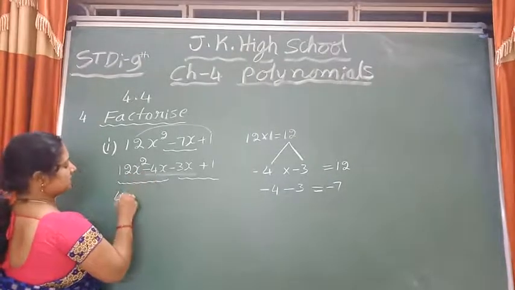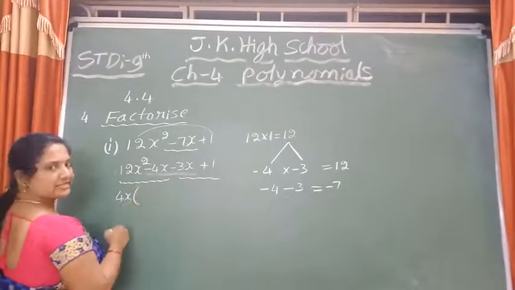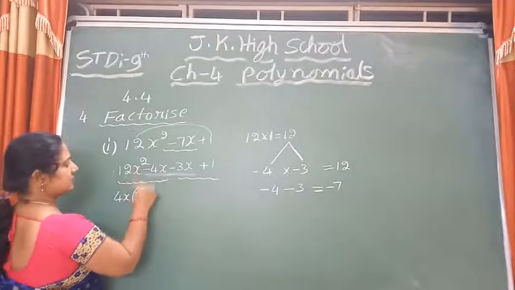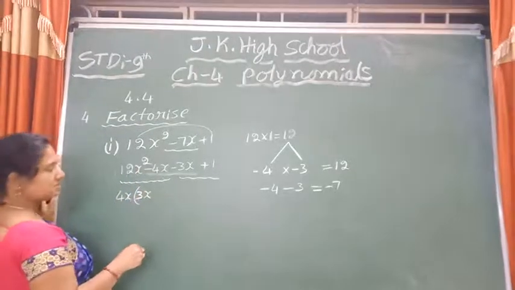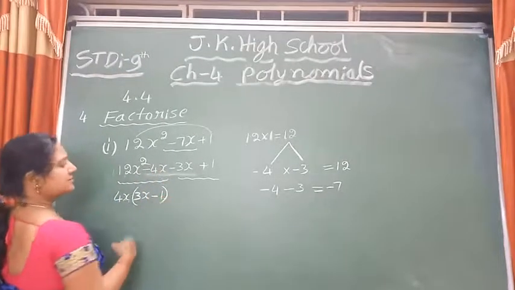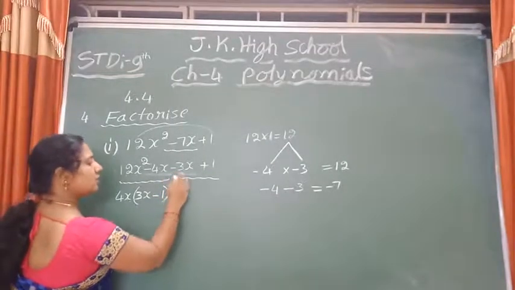X is there in both the terms. 4x you can take it as common. Then if I take 4x as a common, 4 3s are 12. 1x I have taken as a common, so 1x it remains here. Then minus 1s are 4x. Okay. So then here I have to take a common.